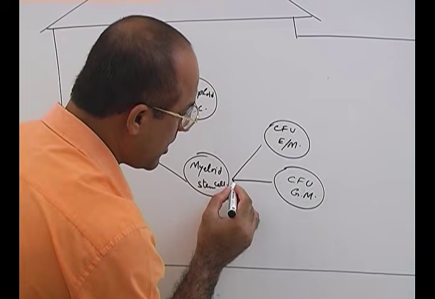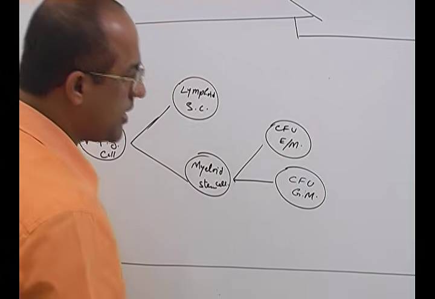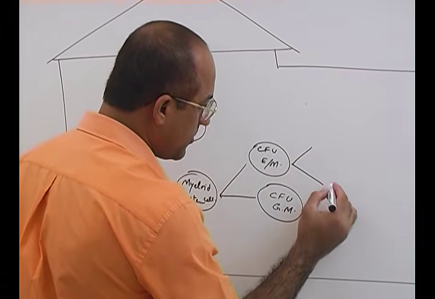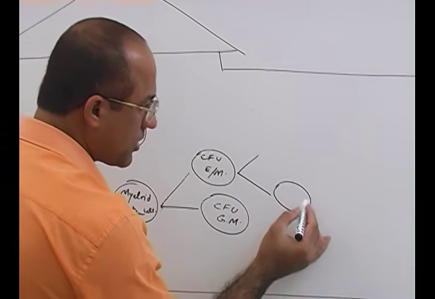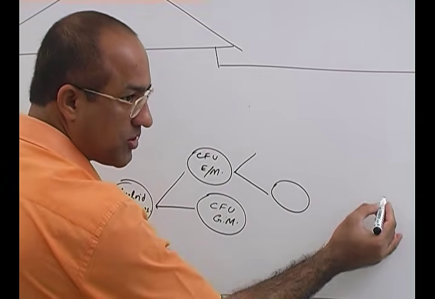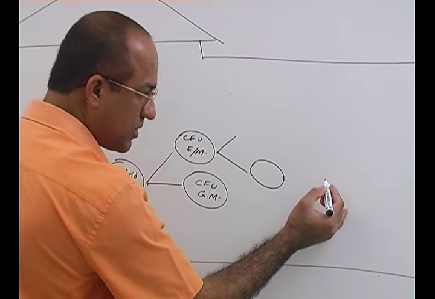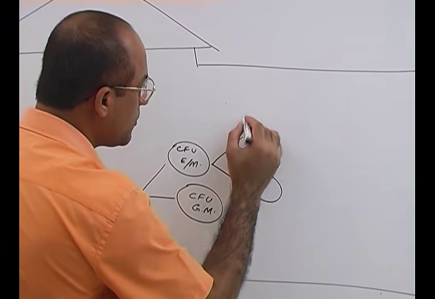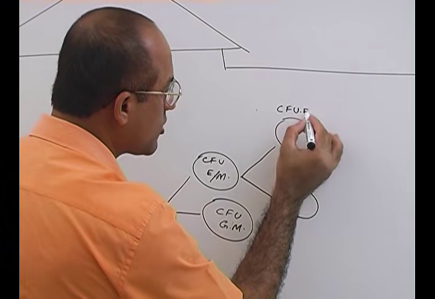And this erythroid-megakaryoid cell divides into two: the colony forming unit which goes into megakaryopoiesis, which means formation of platelets, and the other cell, colony forming unit erythroid.